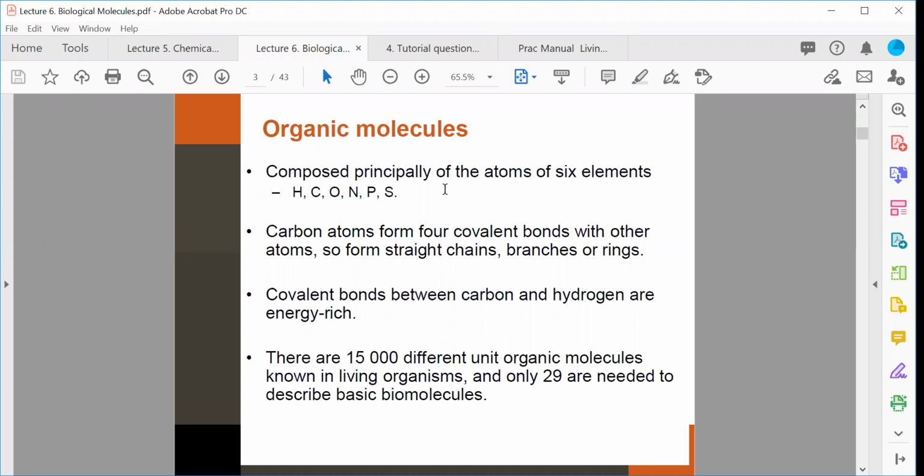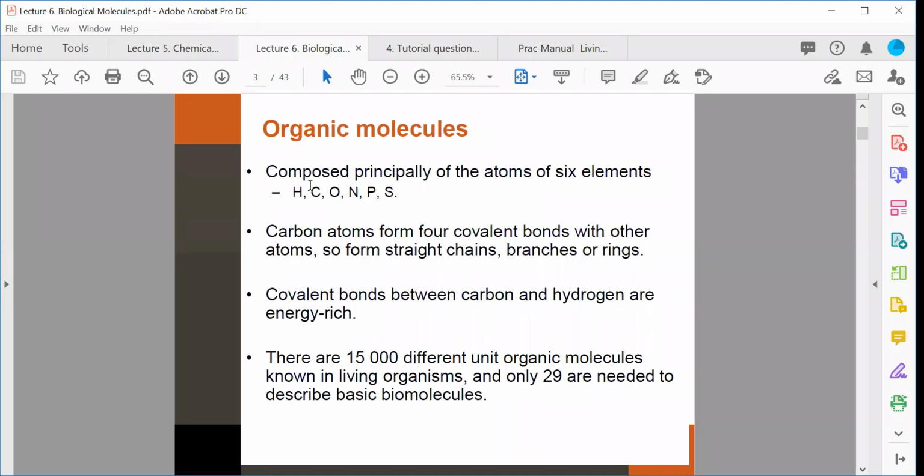Biological macromolecules are composed principally of the atoms of these 6 elements. Nearly always carbon, and I always have to say nearly because there are always exceptions. Nearly always carbon and a lot of hydrogen, and then many examples with oxygen, and nitrogen and phosphorus and sulfur.